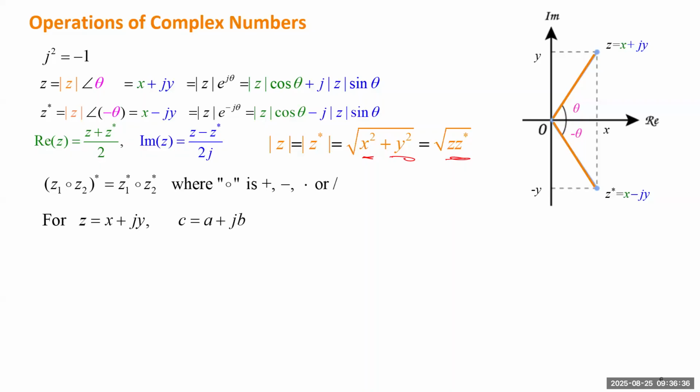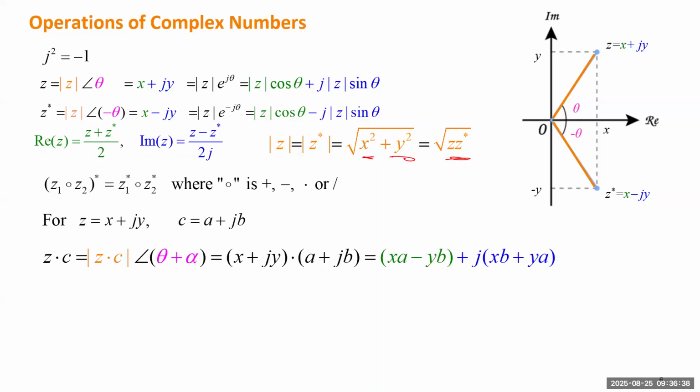If you have two complex values, the multiplication of the two complex values will be equal to a number with the magnitude, which is the multiplication of the two magnitudes of the complex values, and also the total angle. This is easier.